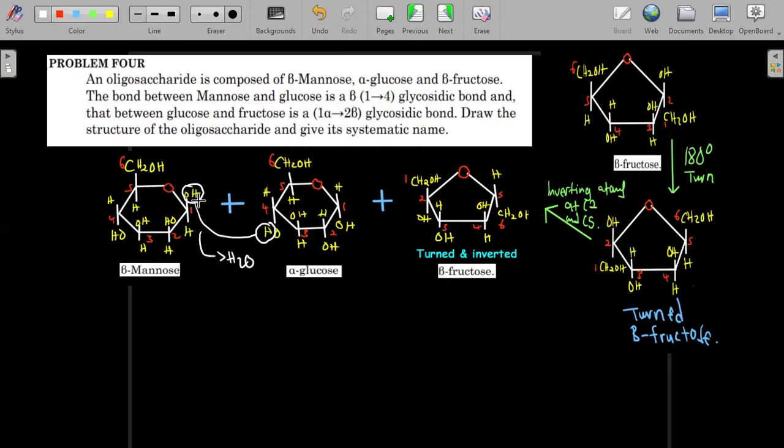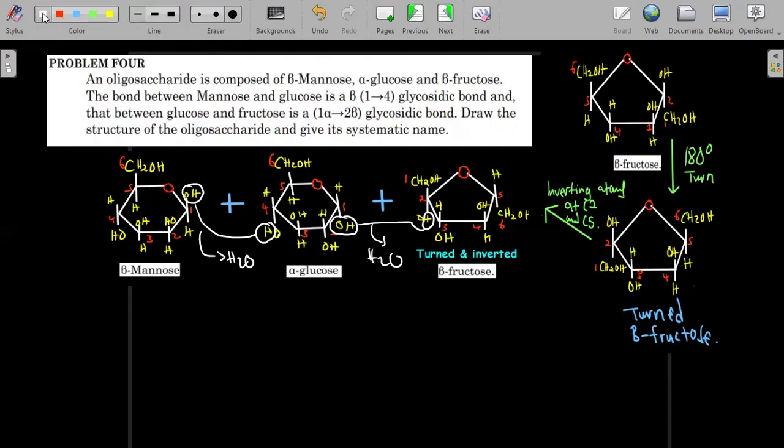What remains is this oxygen here bonded to this ring. Then here you have this OH reacting with a hydrogen of this turned and inverted beta-fructose, so a water molecule is released there. Now we just have to join whatever remains to form this oligosaccharide.